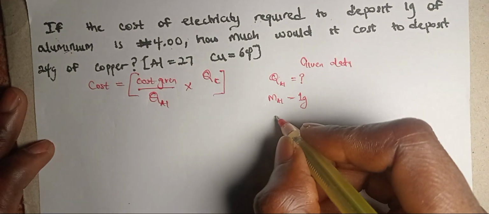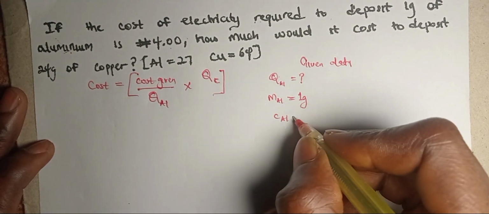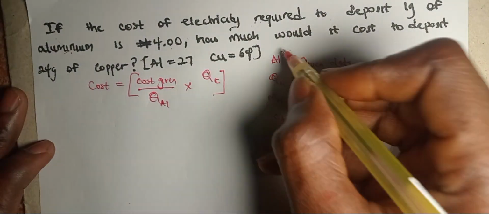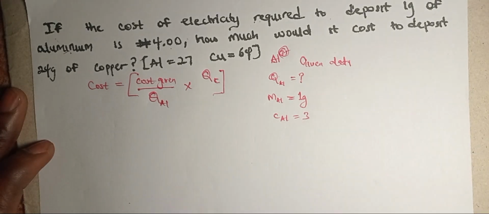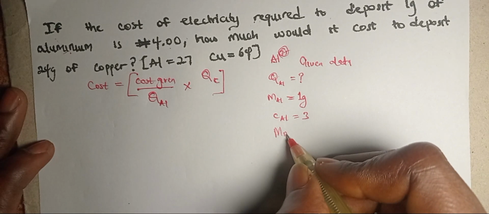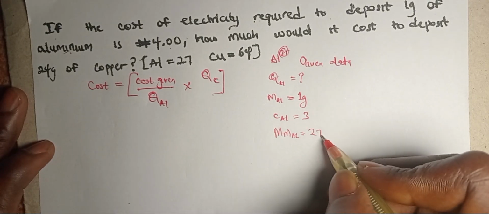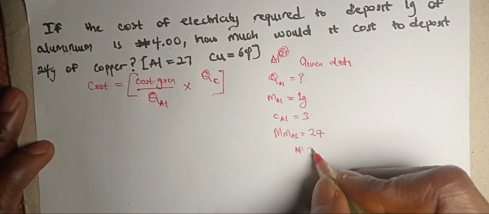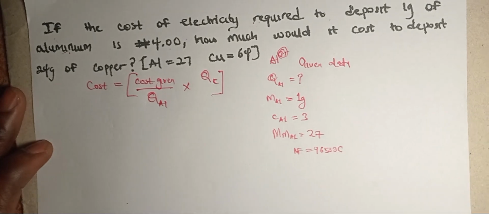The charge of aluminium is 3, because aluminium is always written as Al 3 plus, so it has a positive 3 charge. The molar mass of aluminium is given as 27. Normally we also know 1 Faraday is equal to 96,500 coulomb.